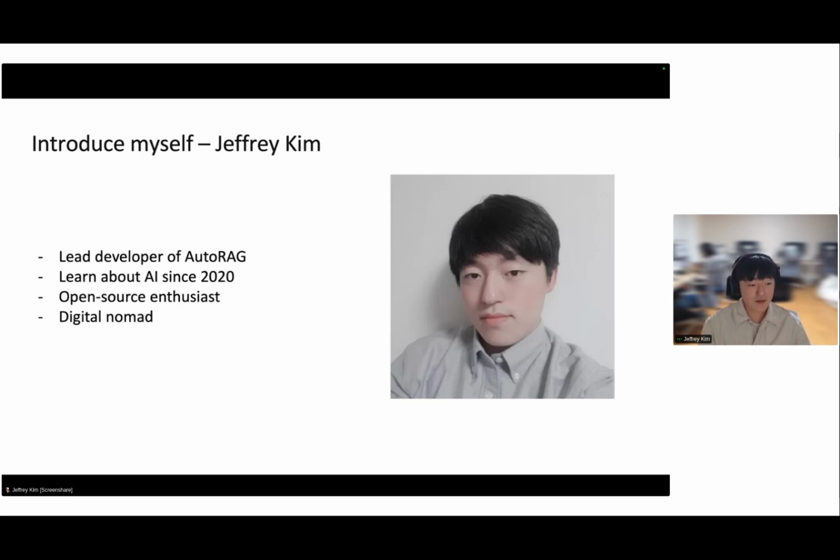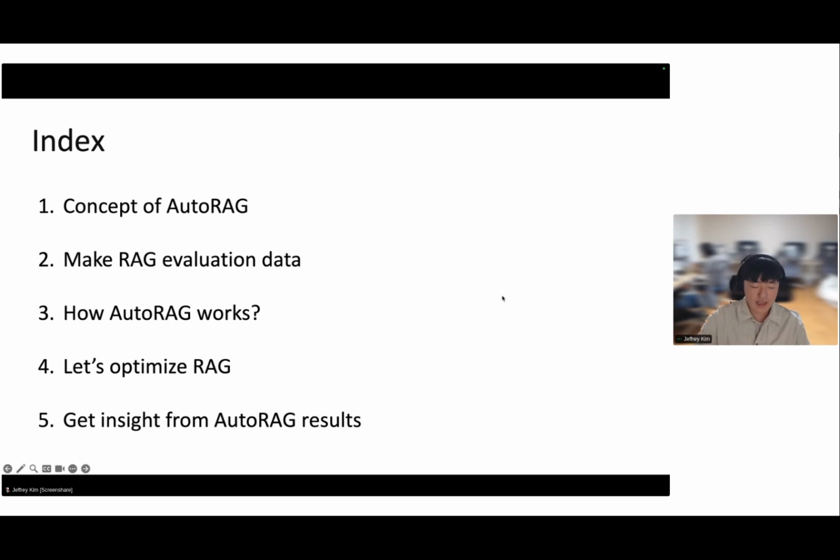You can use it right now. And as a digital nomad, I want to travel around the world. So let's get started. Here is the index of today's session. I want to talk about the concept of AutoRAG first, how to make RAG evaluation data using AutoRAG, and the most important tips for making RAG evaluation data.